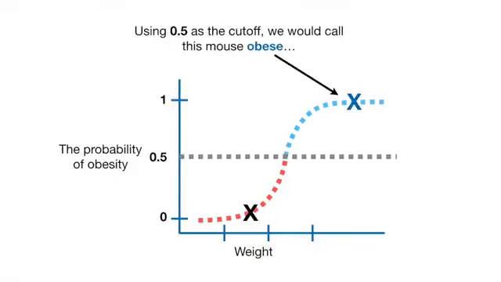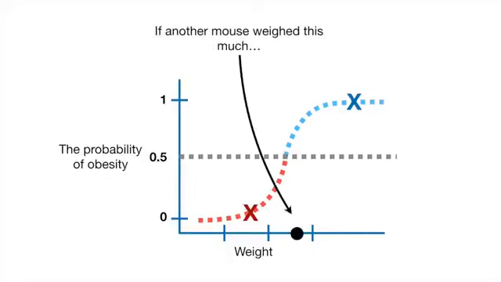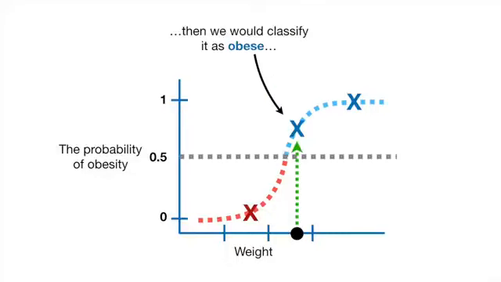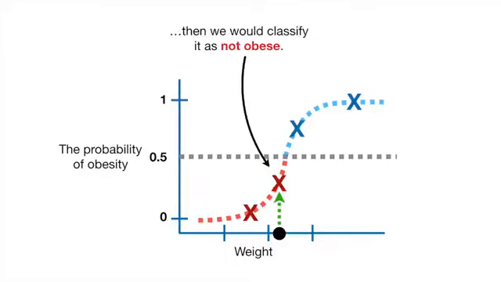Using 0.5 as the cutoff, we would call this mouse obese, and this mouse not obese. If another mouse weighed this much, then we would classify it as obese. And if another mouse weighed this much, then we would classify it as not obese.